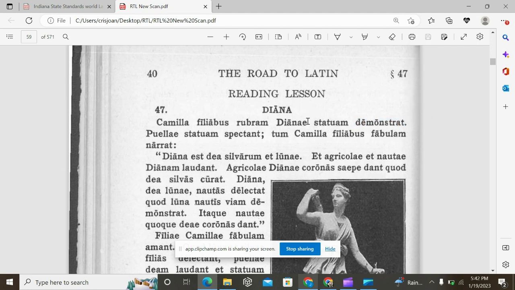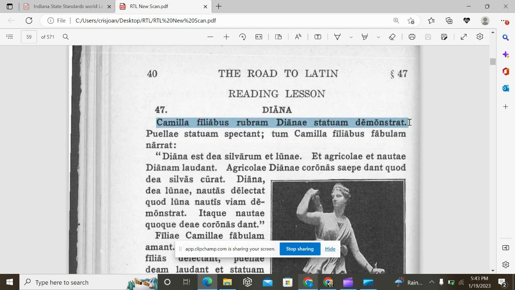So it seems pretty likely that Dianae here is genitive, to show that it is a statue of the goddess Diana. The genitive case can often be translated with the English word of. So Camilla shows the red statue of Diana, the goddess Diana, to her daughters.